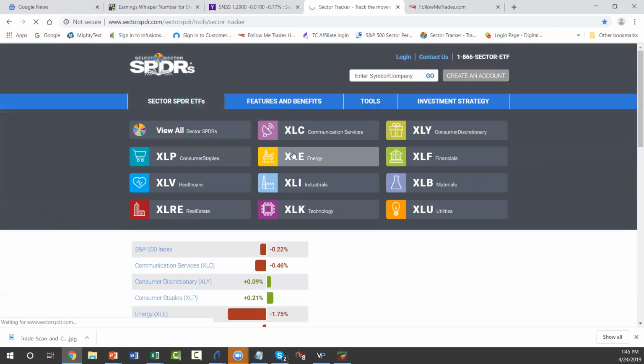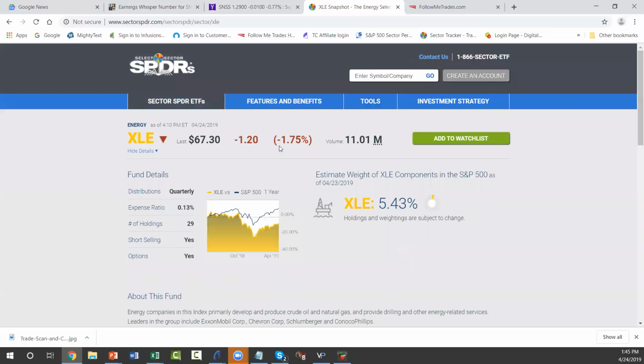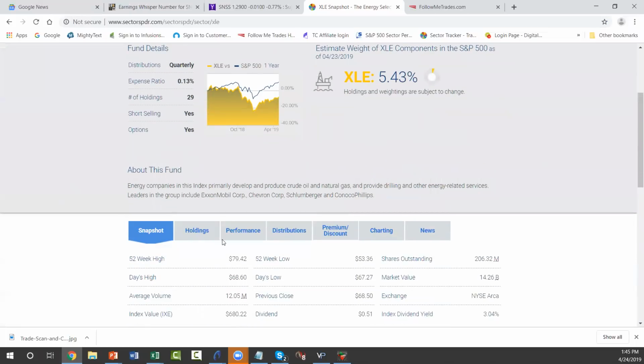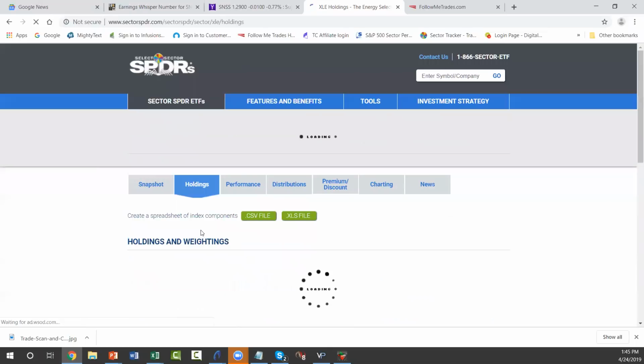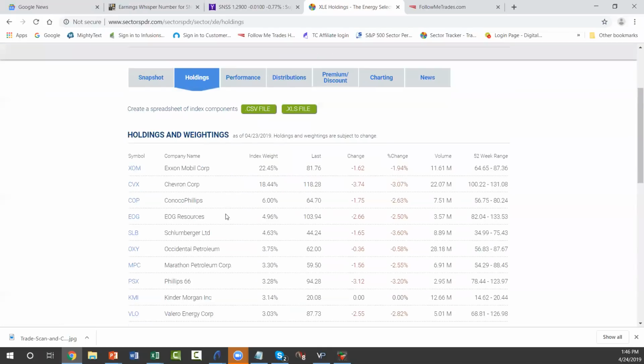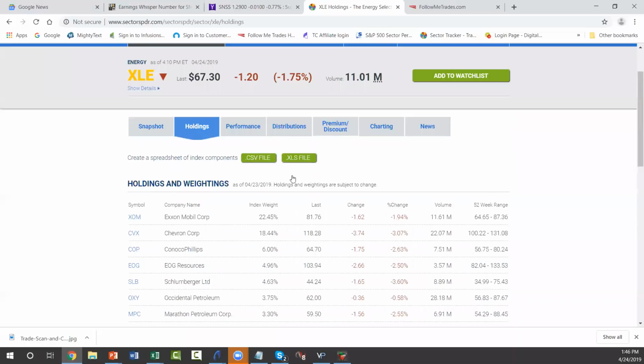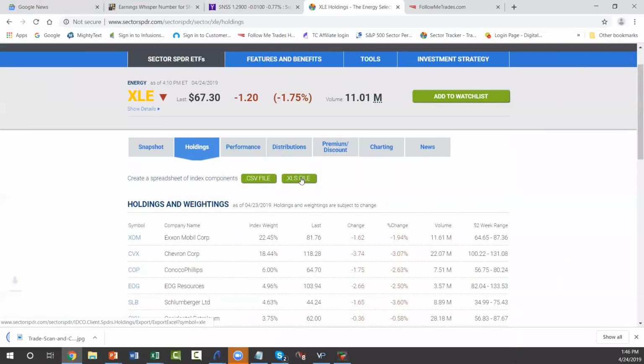Well, what if I wanted to go look for trades in the XLE sector? Well, this website, Spiders, they do a really nice thing for us here. So I can look at this XLE. I can go find the holdings, and they're so nice. They got a whole list of all the companies that are in this, and they even provide an Excel file with all the symbols. So I can just open up Excel.